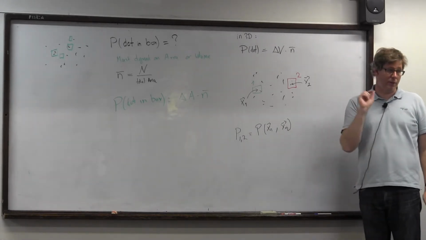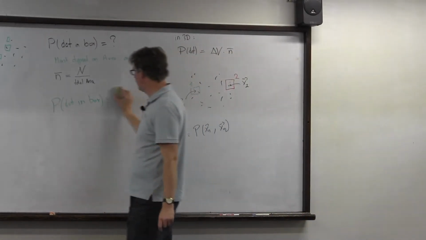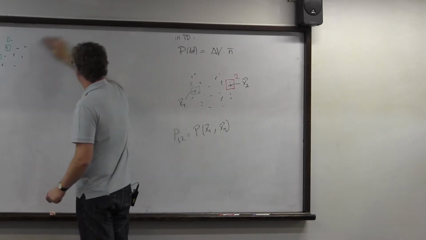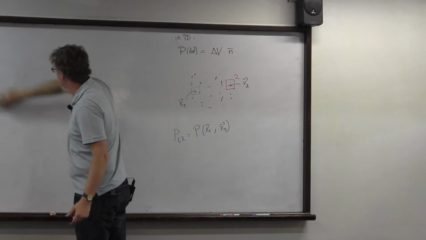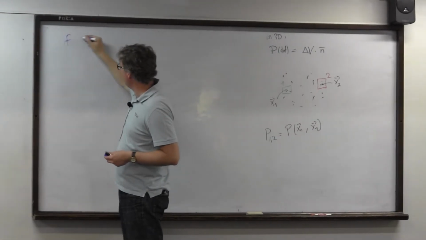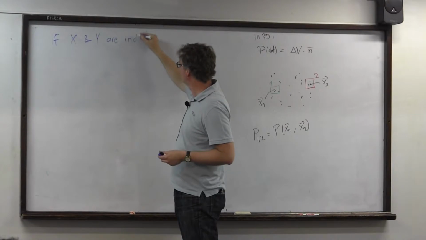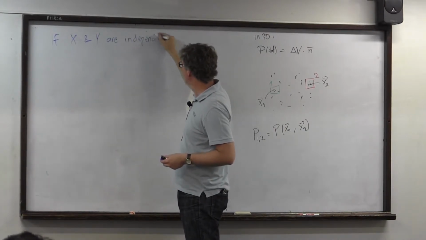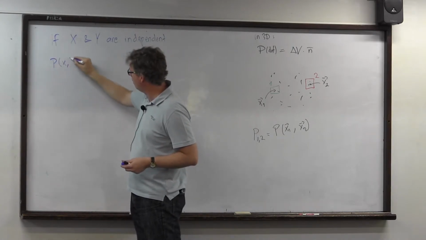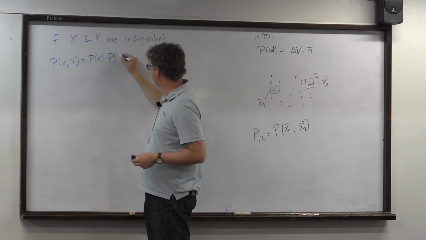Now in probability theory, and that's probably the only thing I really need to say: if x and y are independent, then P of x, y is P of x times P of y.